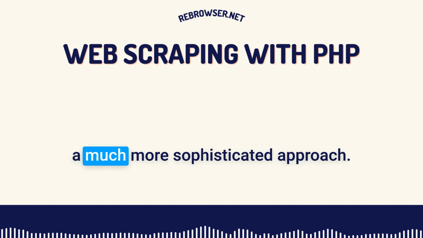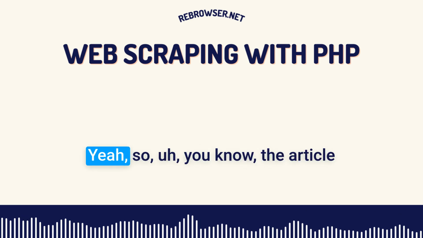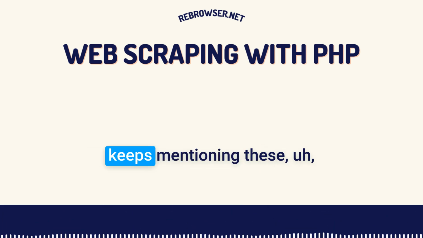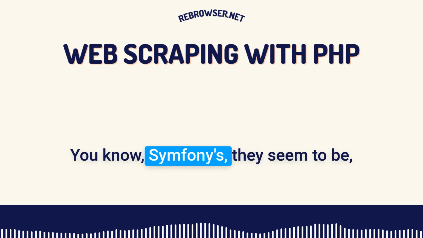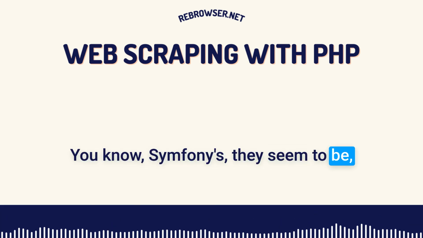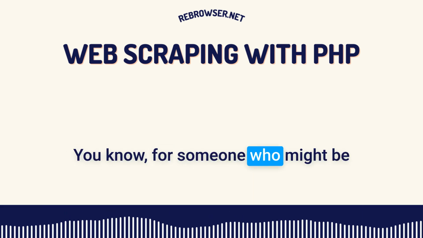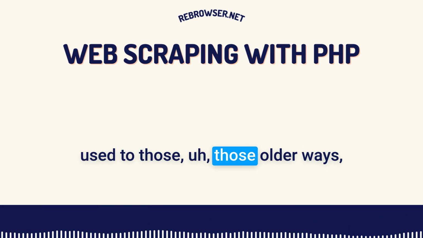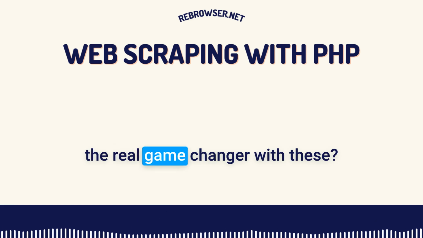They demand a more sophisticated, more robust approach. The article keeps mentioning these essential modern tools, Symfony's DomCrawler and Guzzle, which seem to be at the heart of it. For someone used to the older ways, what's the real game changer?